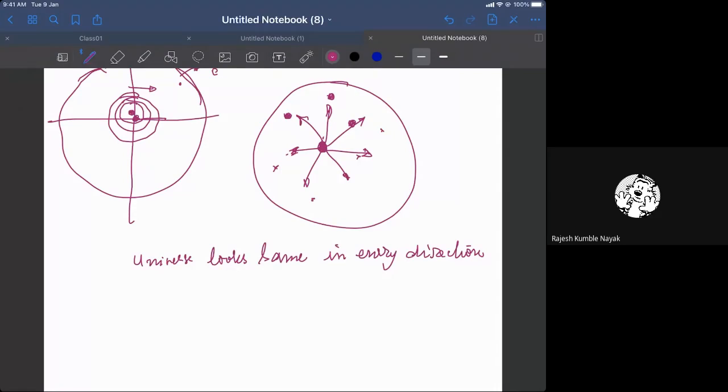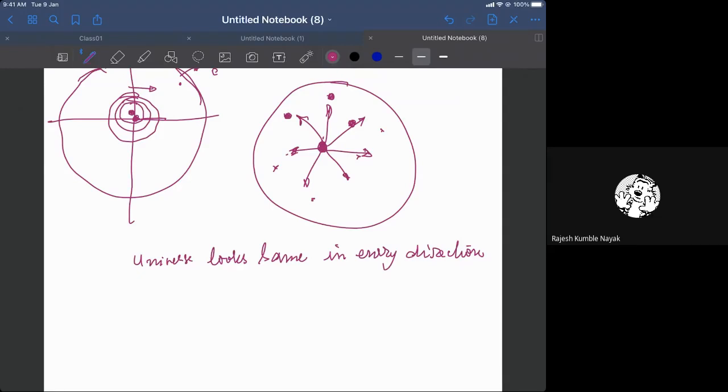So they also don't look anywhere close to the isotropy or homogeneity which we're talking about, or anywhere close to the universe which we are talking about.